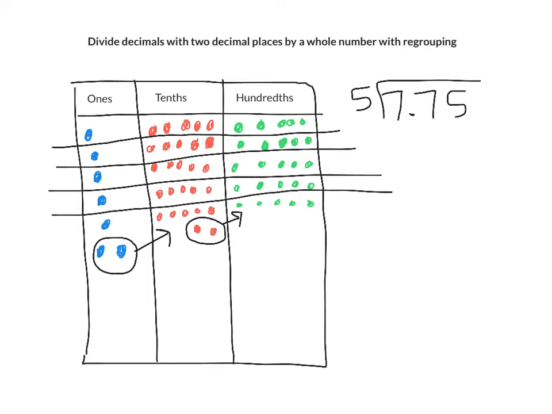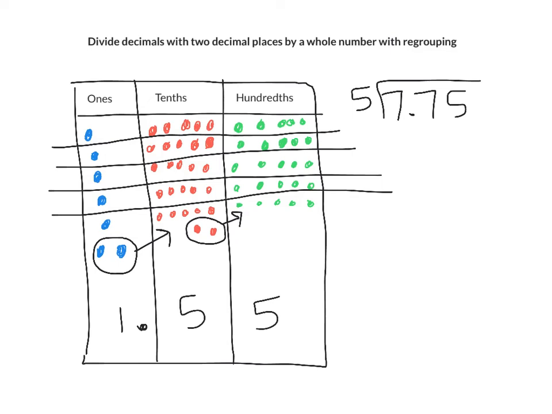We have 1, 5/10, and 5/100ths, which means that 7 and 75/100ths divided by 5 is equal to 1 and 55/100ths.